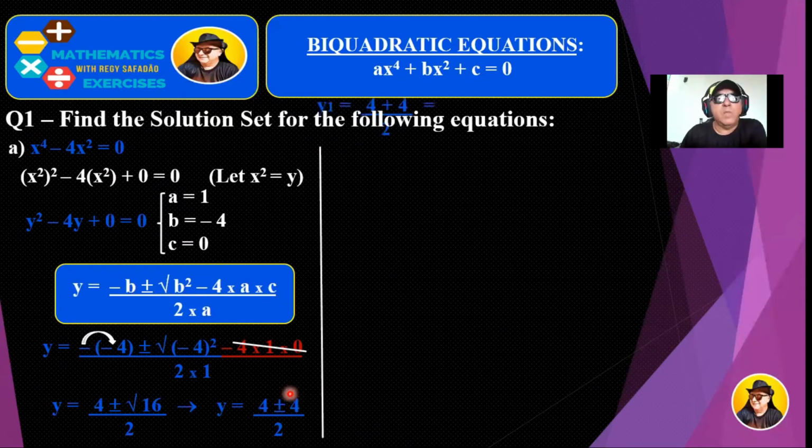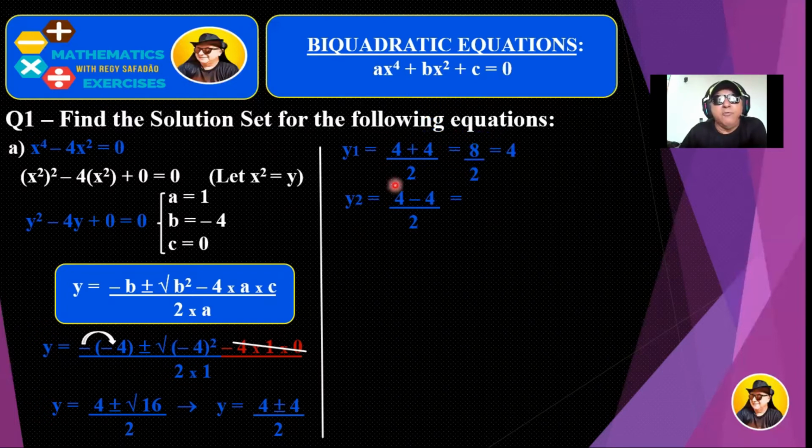See, now I have y1 equals 4 plus 4 over 2. And also I will have y2 equals 4 minus 4 over 2. Well, 4 plus 4 is 8, and 8 over 2 is 4, okay?